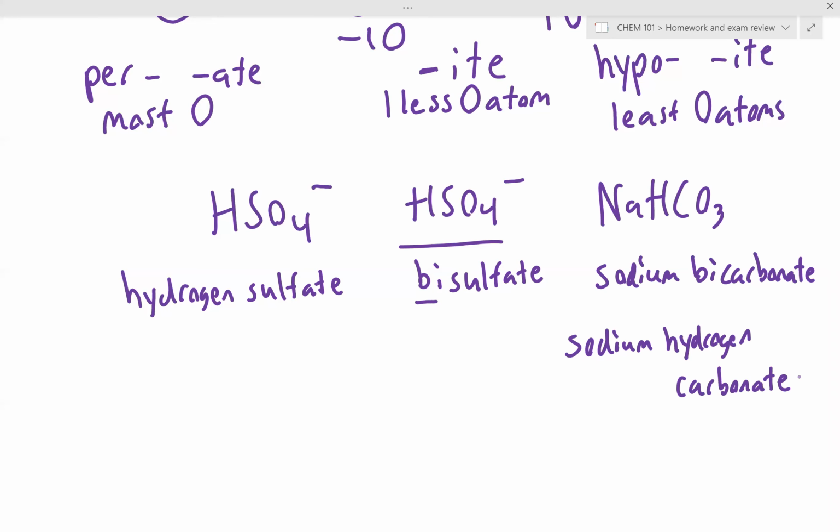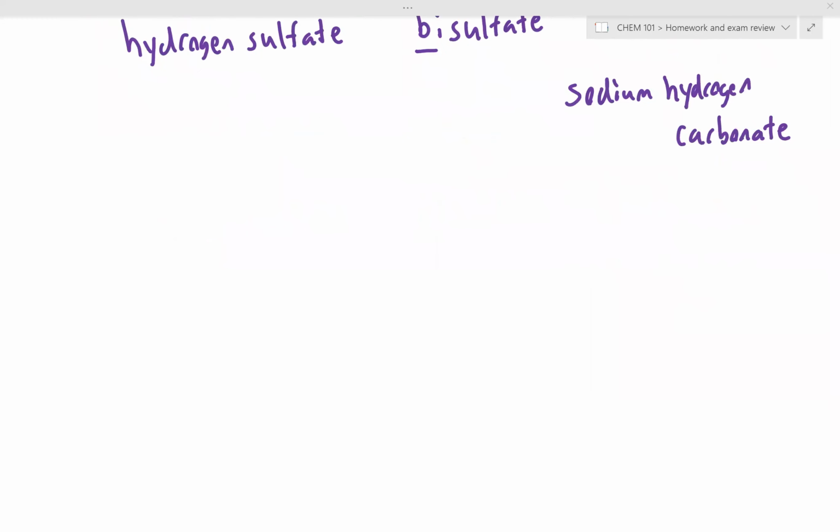Yes. Can we see an example of a difference between a pure substance, a compound, and a homogeneous mixture? Sure. Okay, so we're asking the difference between a pure substance, a compound, and a homogeneous mixture.